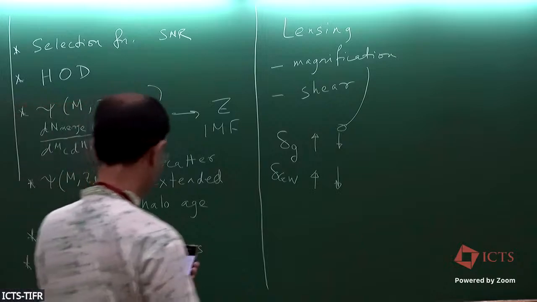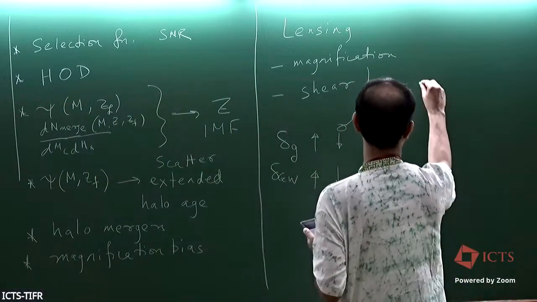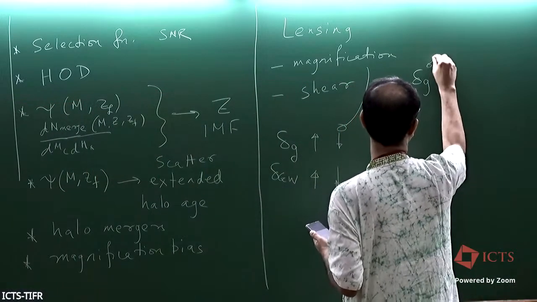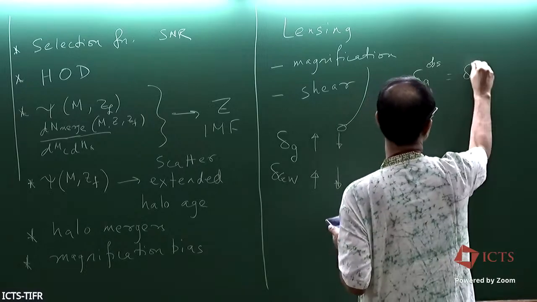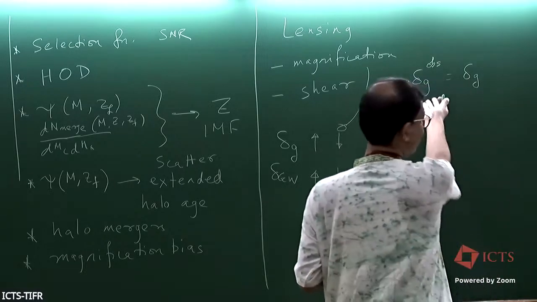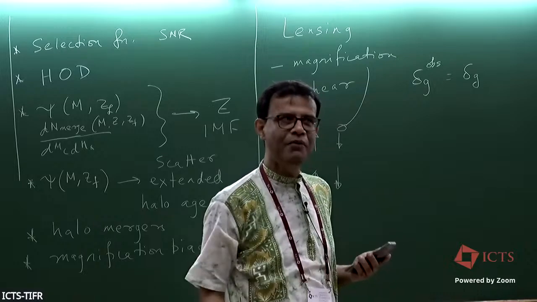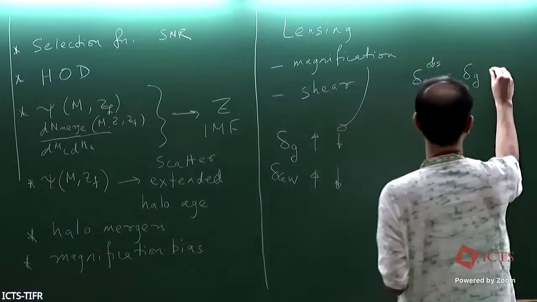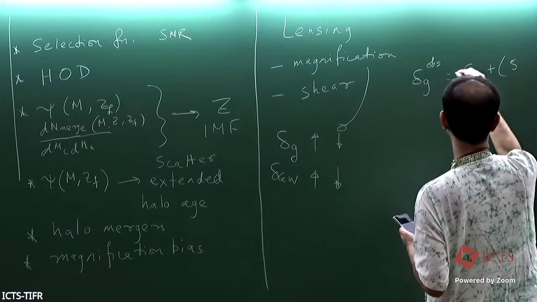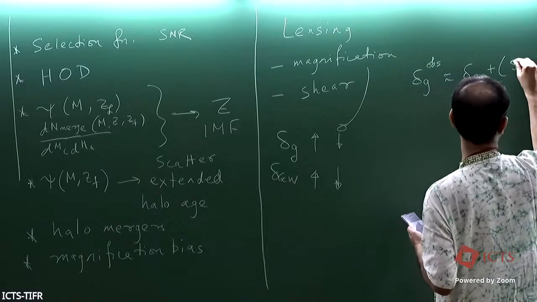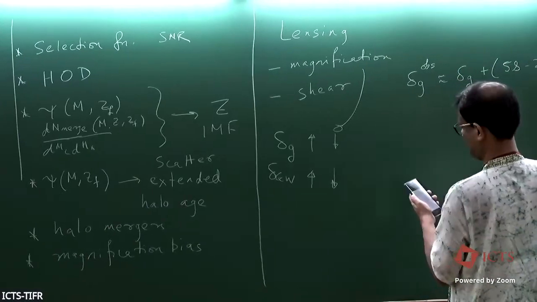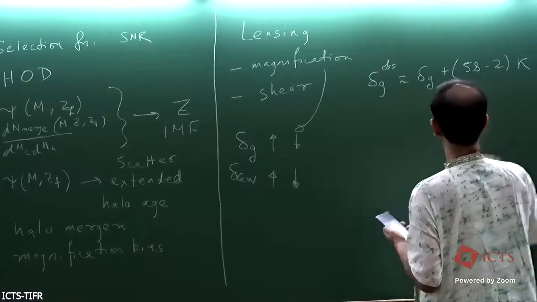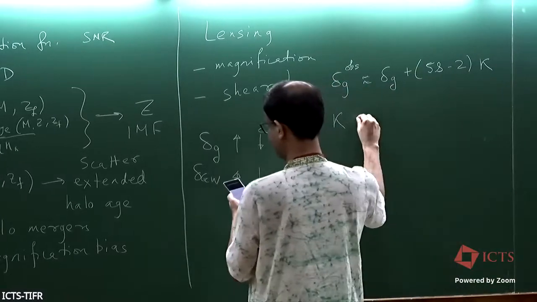Again, since I'm not going to do the calculations, I'm just giving you the result. Delta G, or it could be GW, gravitational wave also, people write under some assumptions as 5s minus 2 times kappa, where kappa is the convergence field.